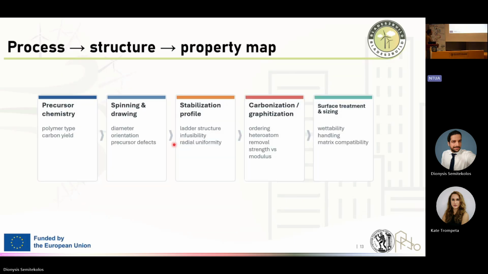So you saw that all of the different processes that we discussed here today of reaching the final carbon fiber that we can find in the market have their own purpose and affect the structure of the fiber a lot. So the precursor that we are going to choose is going to play a major role because it affects the structure that we get.